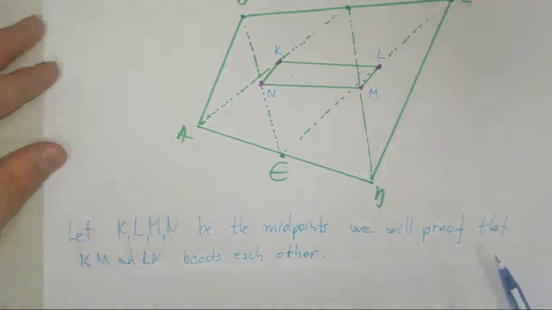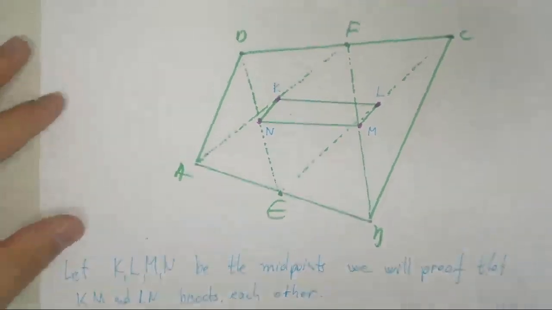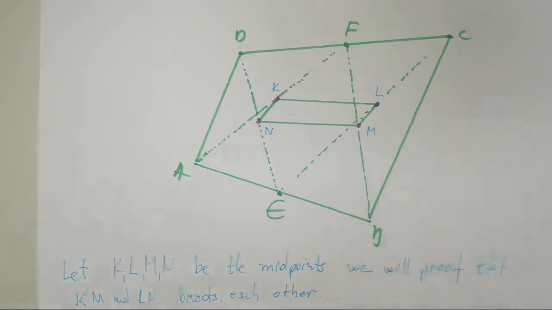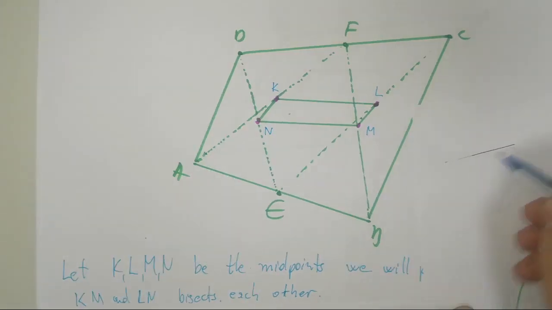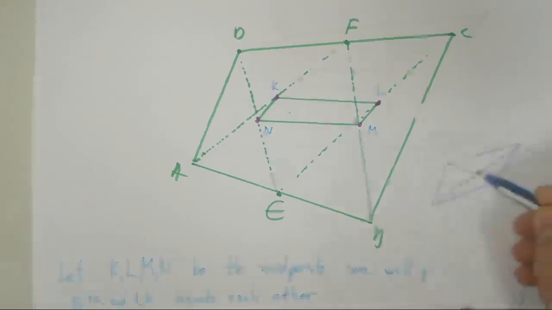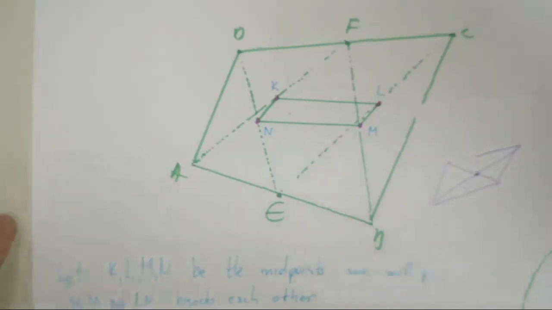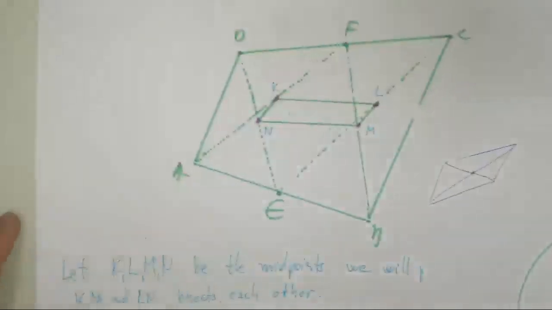We will prove that KM and LN are bisecting each other. Why do we need this? If you have a parallelogram, we know the property that the diagonals bisect each other. So if we prove that the diagonals bisect each other, it means that the shape is a parallelogram.